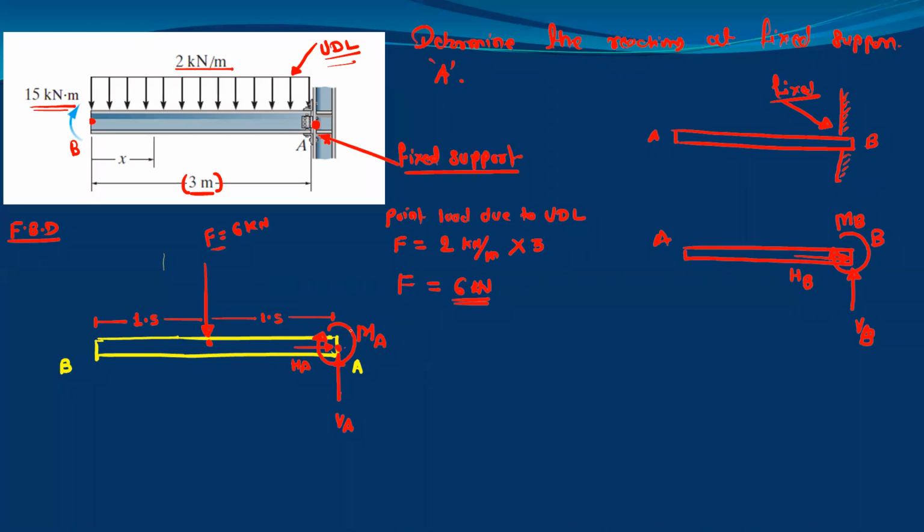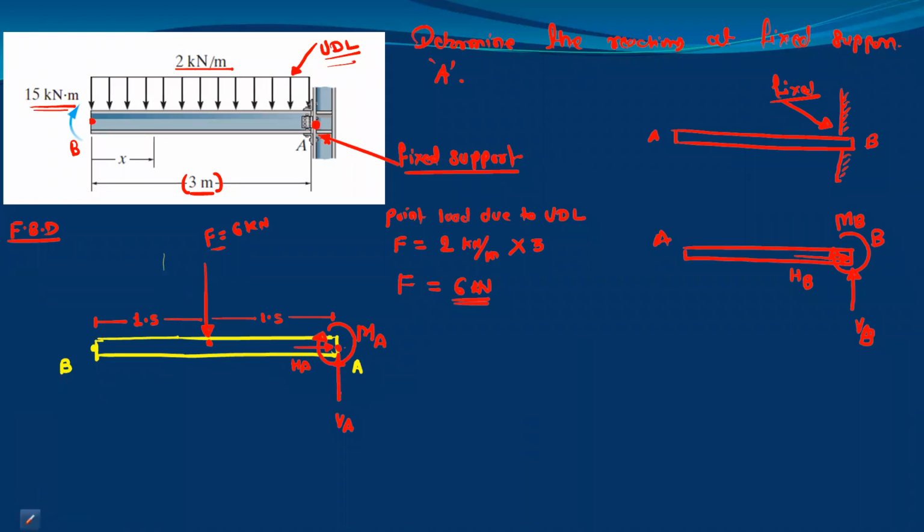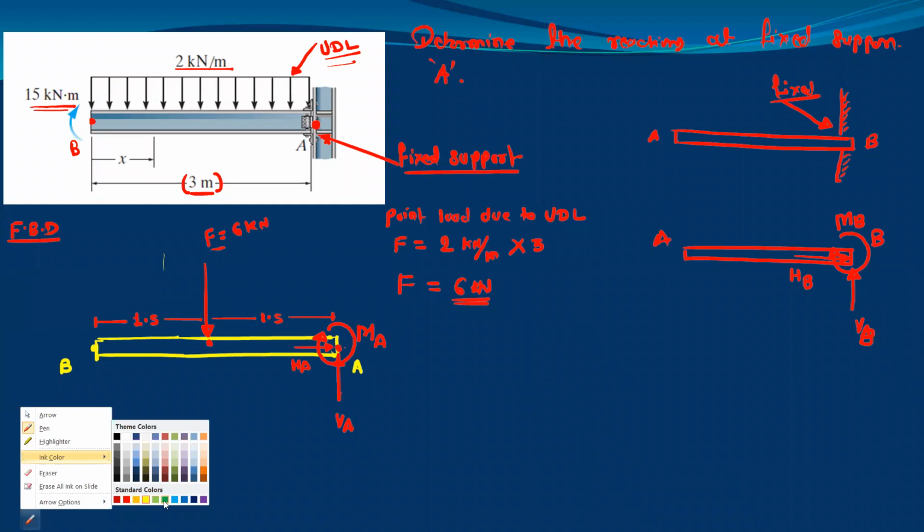Here I have considered this moment to be clockwise. You can assume the moment initially to be clockwise or anti-clockwise. After using the conditions of equilibrium, that is summation Fx = 0, summation Fy = 0 and summation of moment = 0, you will get the correct direction of your moment reaction. There is also one additional moment couple given in the problem at point B, and we have to show it as it is.